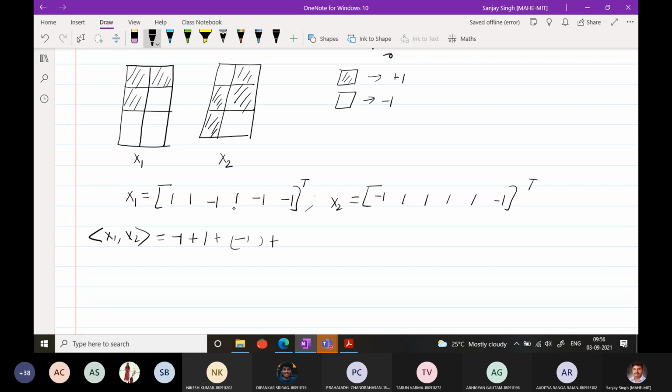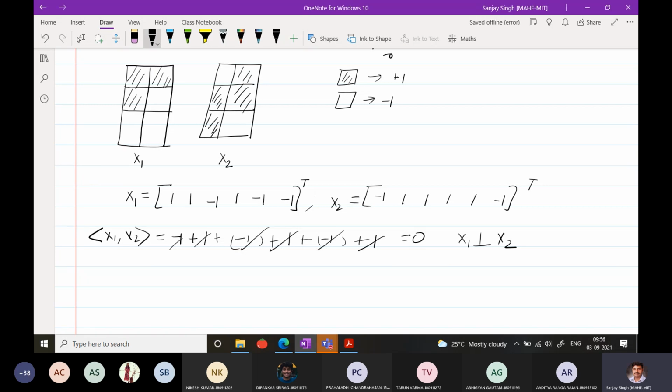Then this 1, this 1 is 1, this minus 1, this 1 is minus 1, this minus 1, this minus 1 is plus 1. So this will go, this will go, 0. Yes, in this case I can say it is the case: x1 is orthogonal to x2.